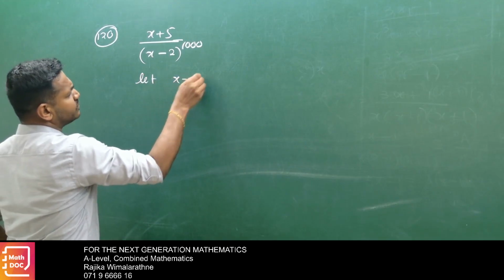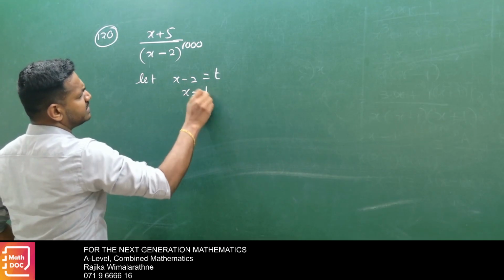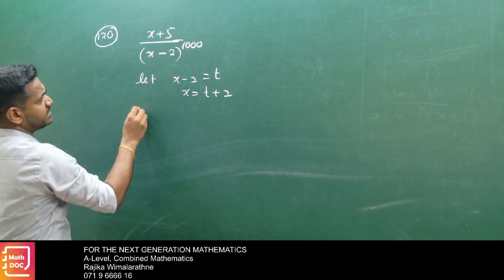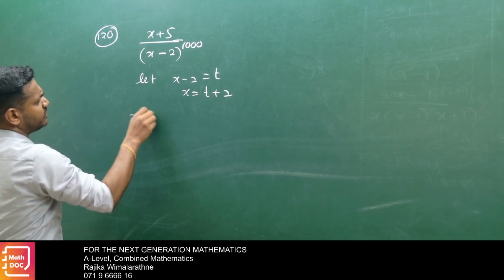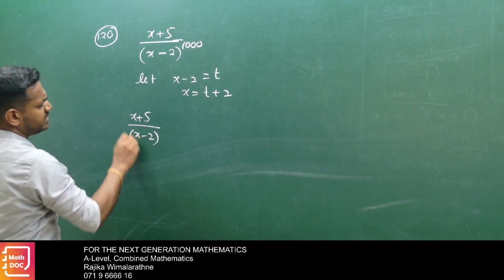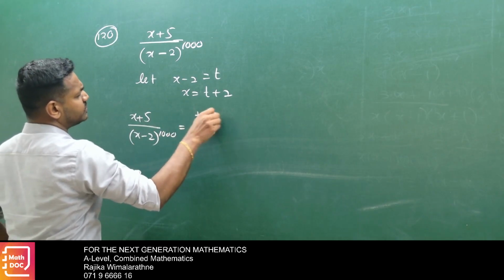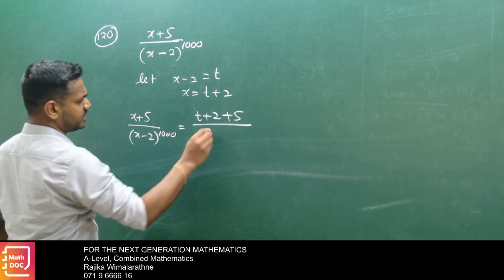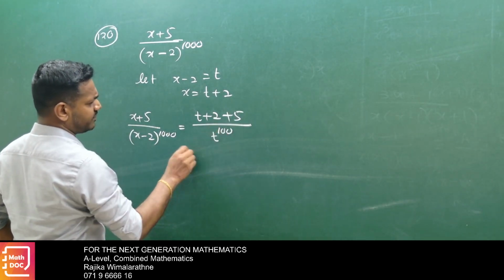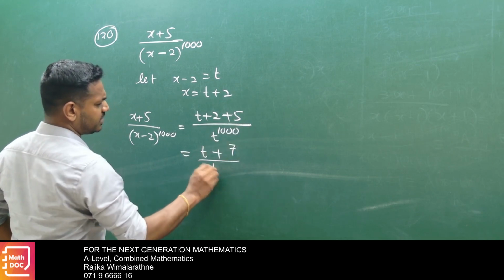Let x minus 2 equal t. I'm going to use this substitution. Then x equals t plus 2. Replace this: x plus 5 over (x minus 2) to the power 1000 becomes t plus 2 plus 5, that is t plus 7, over t to the power 1000.